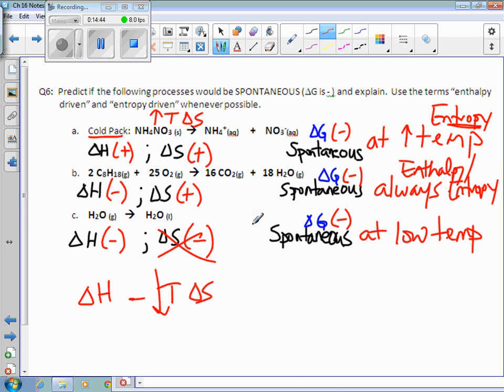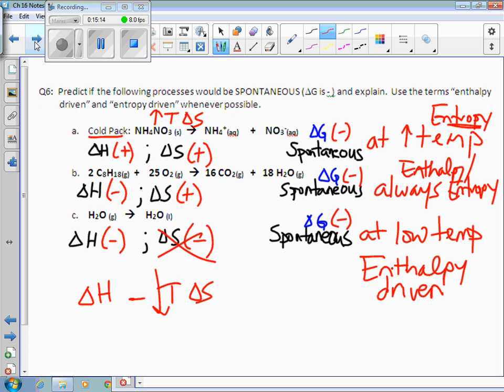Okay, so it's driven by both those pieces being favorable, enthalpy and entropy. And this one, the enthalpy is favorable, the entropy is not, so we would say it's enthalpy driven. Okay? And they're all thermodynamically driven, and you'd have to know more information about the kinetics to decide overall if the reaction is going to happen quickly or not. So that would be talking about speed of reaction, kinetically driven. Okay, but we'll get to that later.